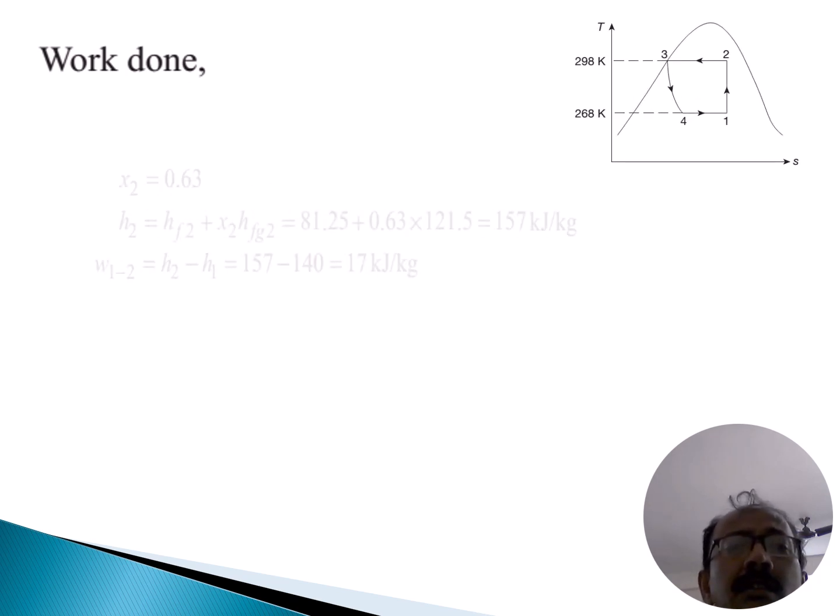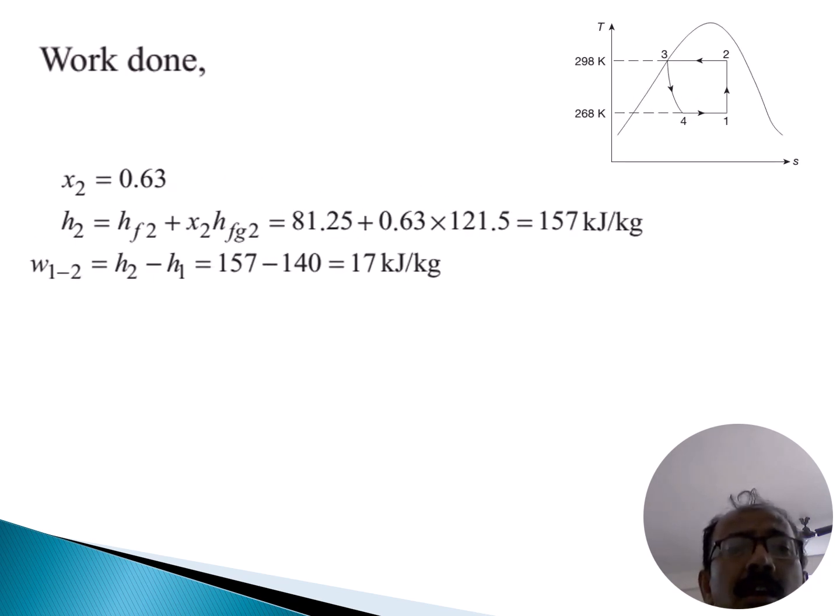Now the work done: x2 is 0.63, that is the dryness fraction, and h2 equals hf2 plus x2 hfg2. So w12 equals h2 minus h1, and from this difference we get the value 70 kilojoule per kg.